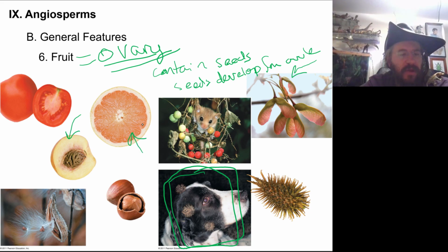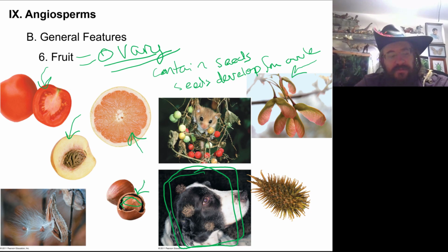Orange, ovary. Tomato, you better believe it's an ovary. Hazelnut, ovary, because seed. Kind of fun. Lots more things than you probably thought get classified as fruit. So that's kind of cool.